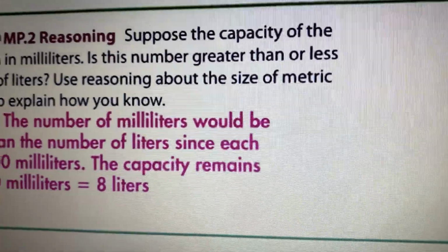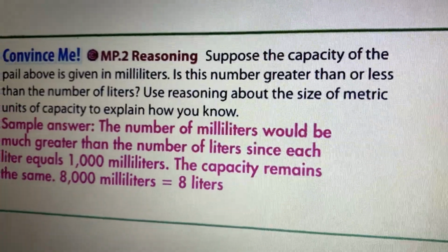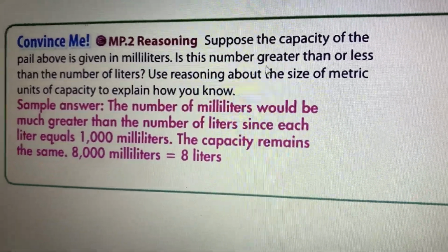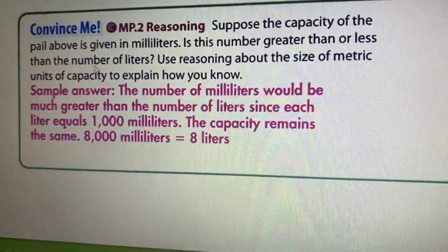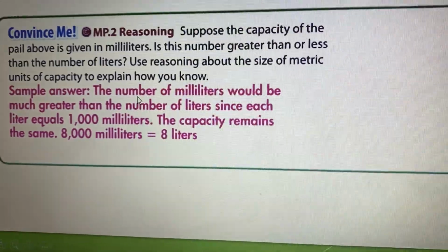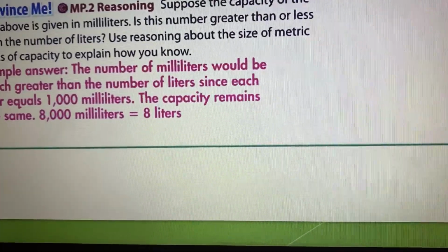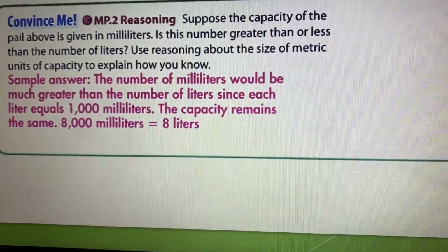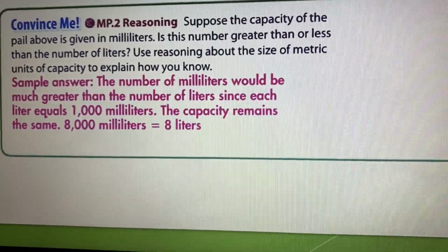Now, suppose the capacity of the pail above is given in milliliters. Is the number greater than or less than the number of liters? If I have the number given in milliliters, is it going to be a big number or a small one?